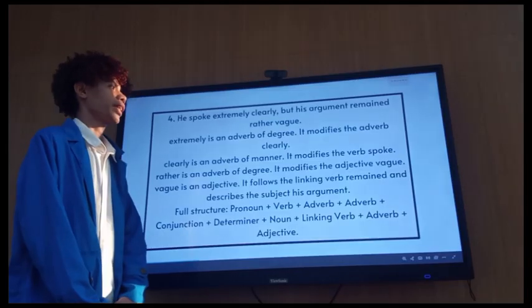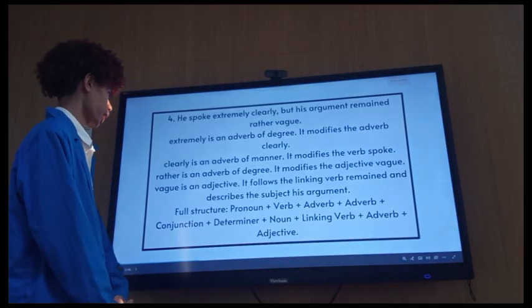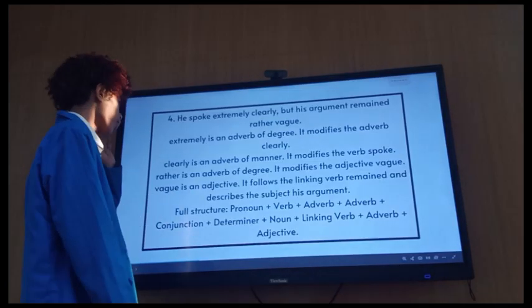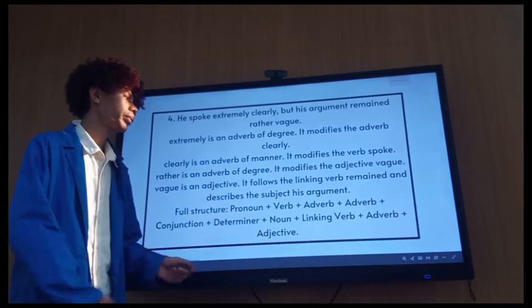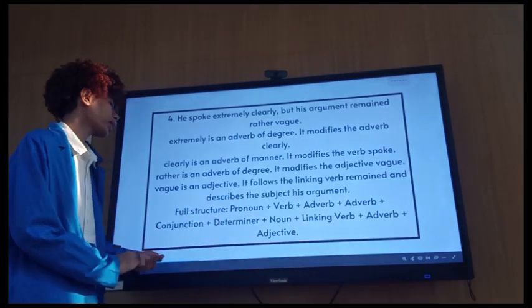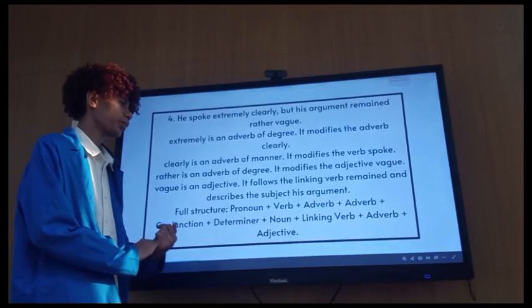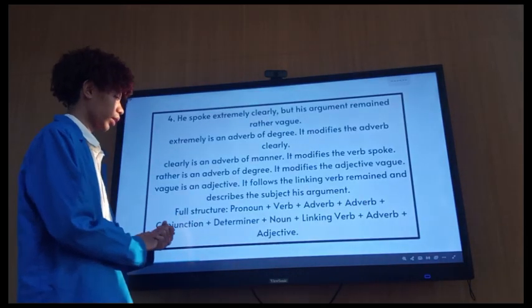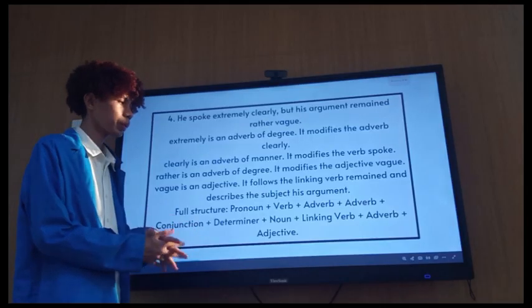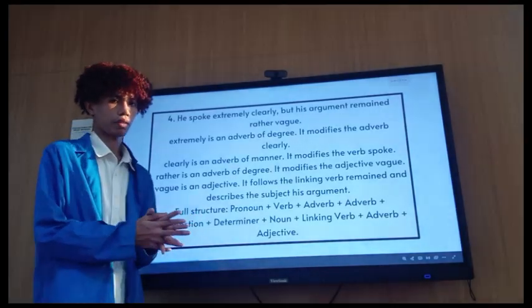It modifies the adjective vague. Vague is an adjective. It follows the linking verb remained and describes the subject, argument. Structure: pronoun plus verb plus adverb plus adverb plus conjunction plus determiner plus noun plus linking verb plus adverb plus adjective. Next.